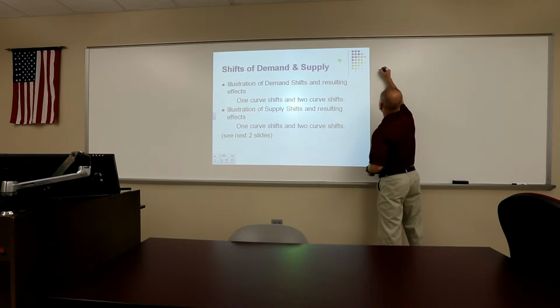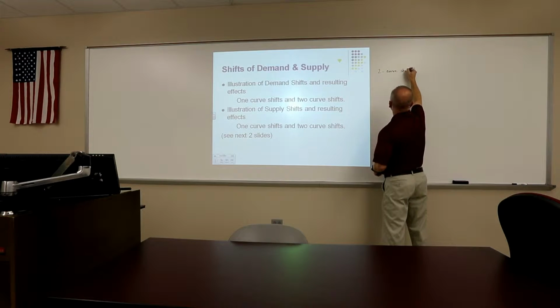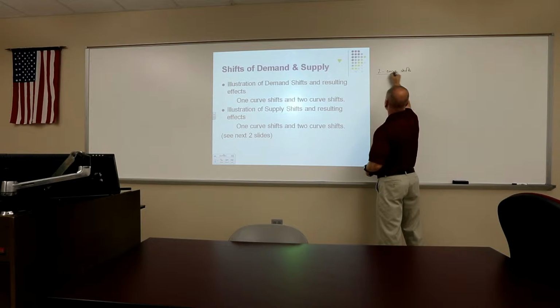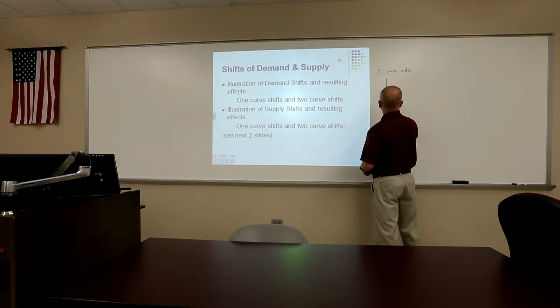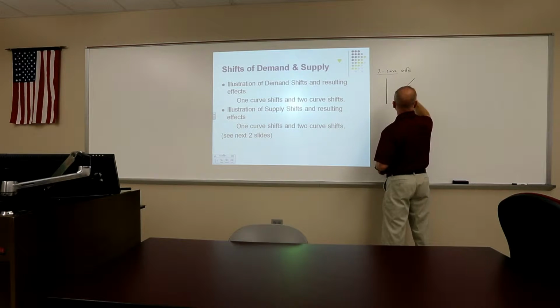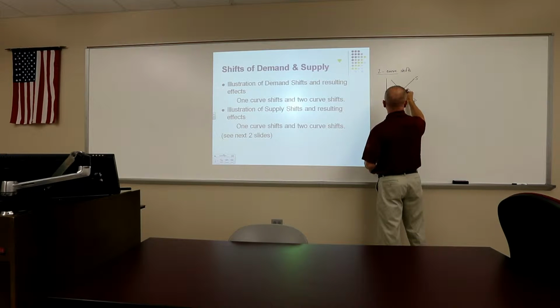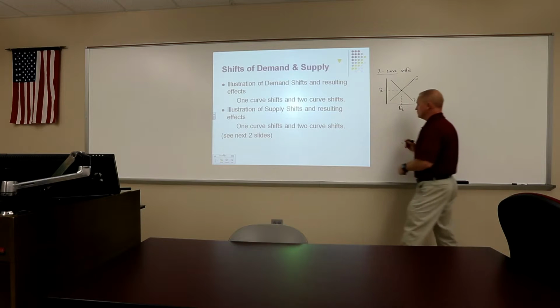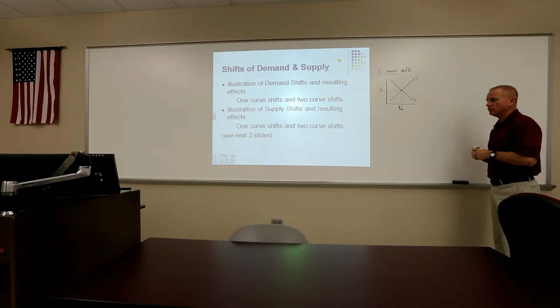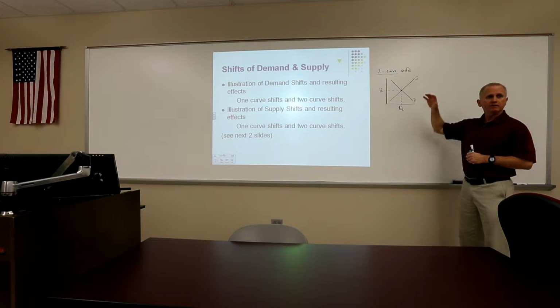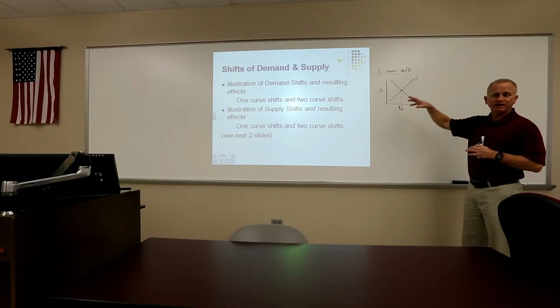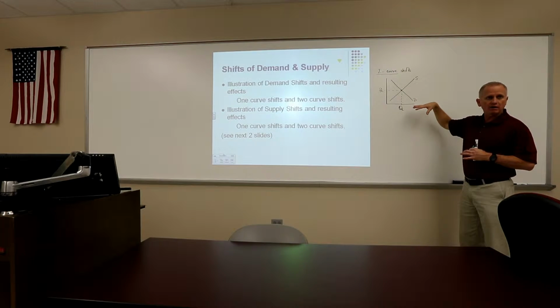There are four different possibilities of the shifting of the curves for the supply and demand, and what I'm looking for is the resulting effects of the price in equilibrium quantity.